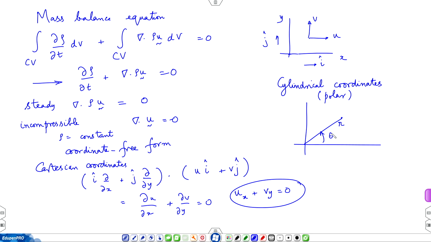Now, if you are going to work with polar coordinates, then you have to introduce polar components of velocity. Let us say u r is the radial velocity component and u theta is the angular velocity component, or velocity component in the angular direction. Then the velocity vector u will be, you have to introduce unit vectors in r and theta direction.